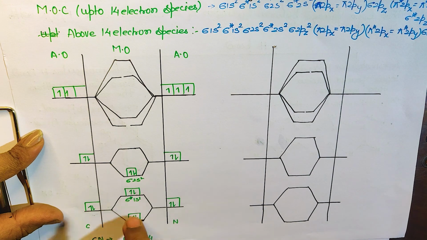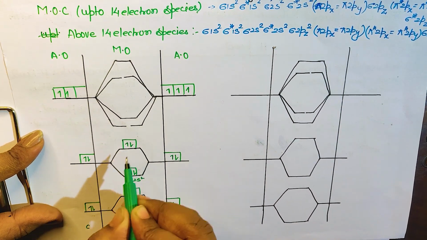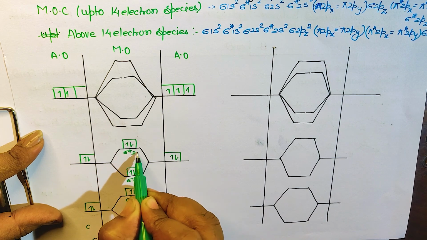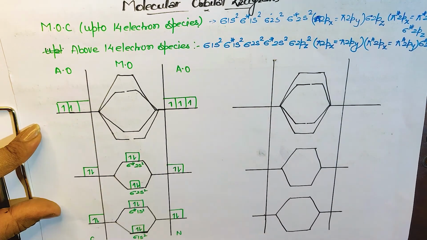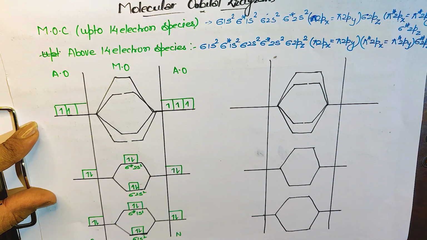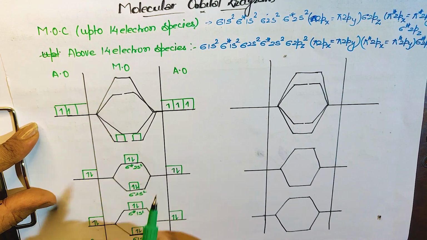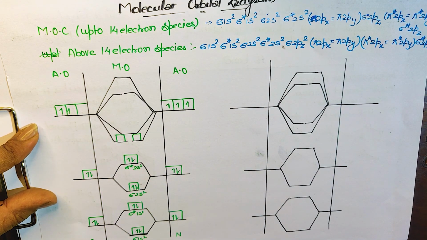So already 2, 4, 6 electrons we have done. And this will be anti-bonding, sigma star 2s2. Now there is a twist. If it is a 14 electron species, first 2px and 2py will be there, then 2pz will come. This will be a block with the same energy, so we will fill one by one.